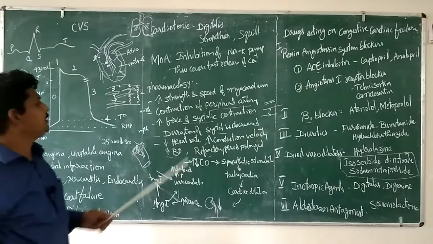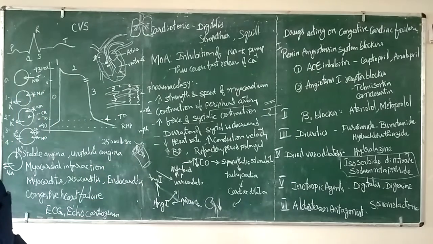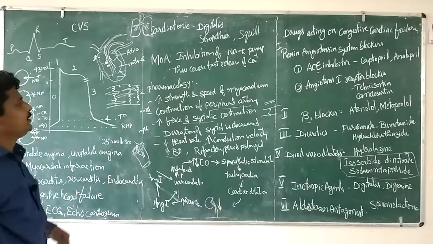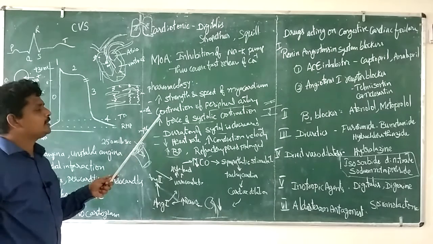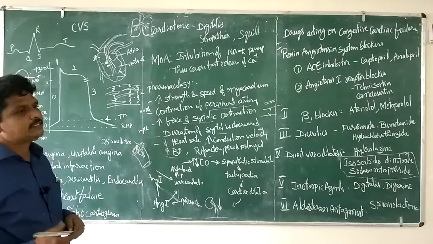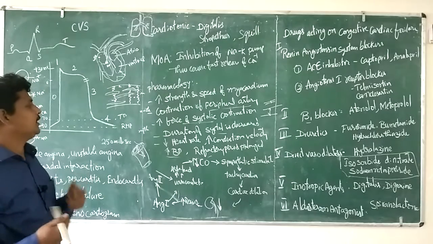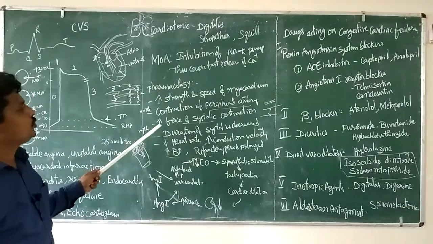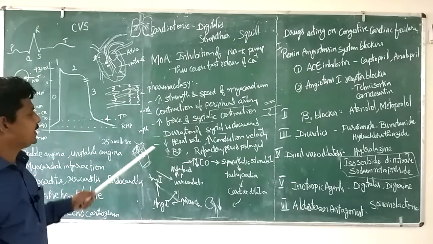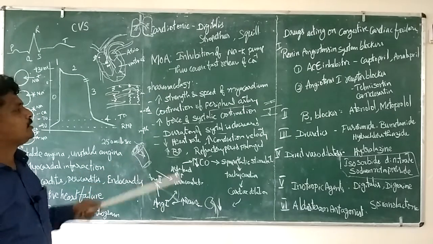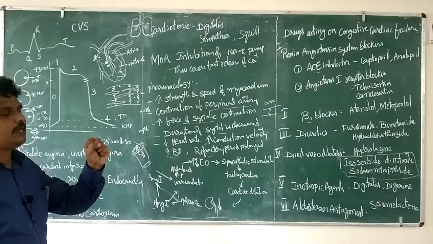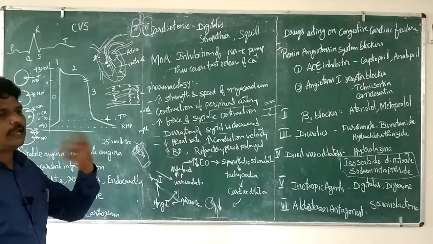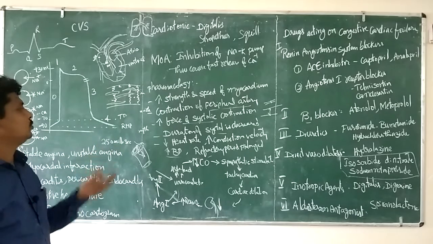Coming to pharmacology, it increases the strength and speed of the myocardial contraction, and the contraction of the peripheral arteries. So the peripheral arteries are going to be contracted, which leads to a higher quantity of blood returning to the heart. Next, the force of systolic contraction is going to be increased, and the duration of the systole is shortened. So once the heart is empty, it suddenly opens, so that the blood has access.